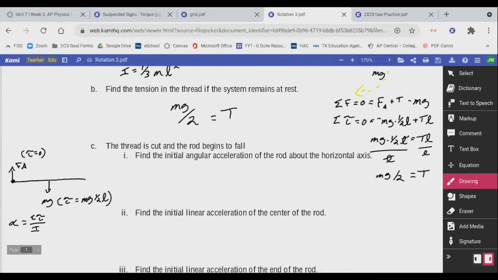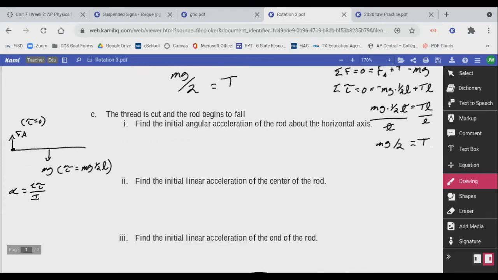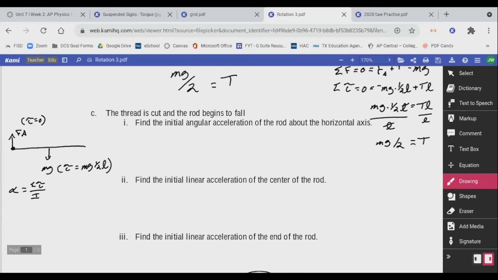Remember how negatives are just directional in physics? So that is the torque and it's going to go clockwise. We only have to identify positive or negative if there are multiple torques that have different directions.